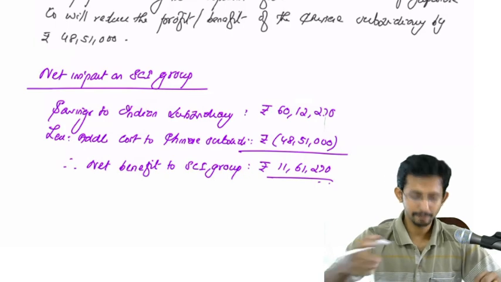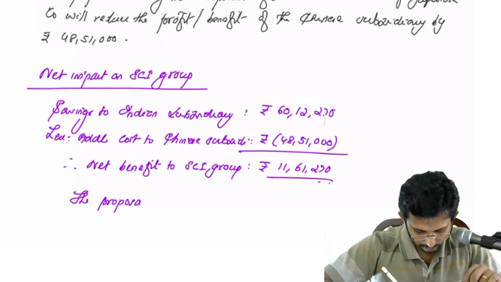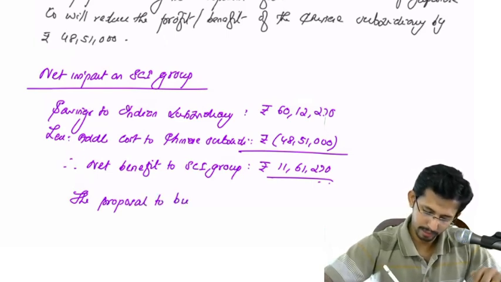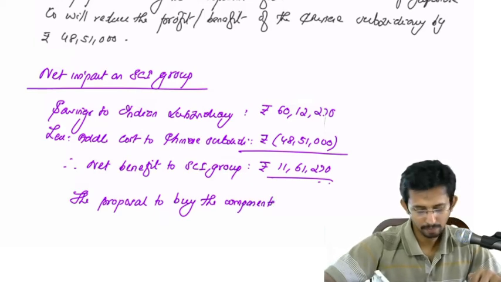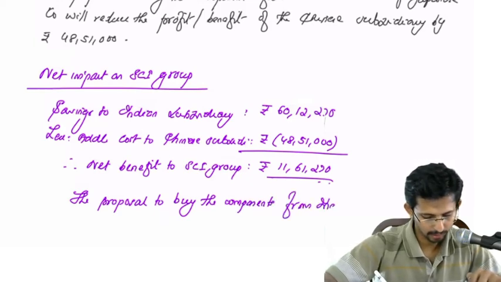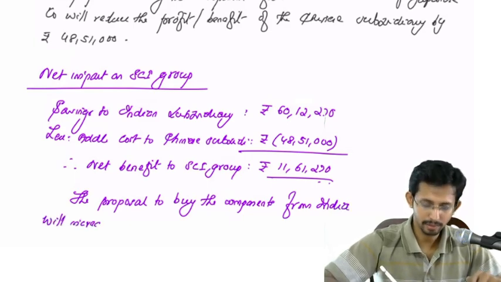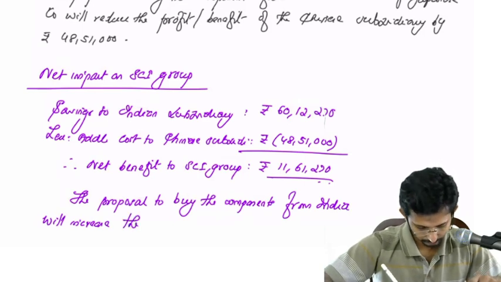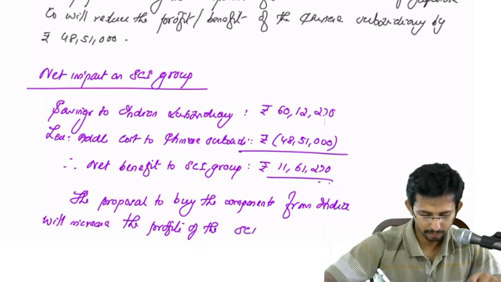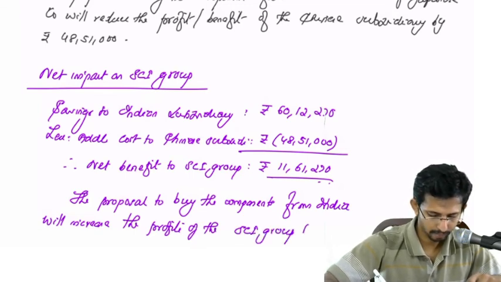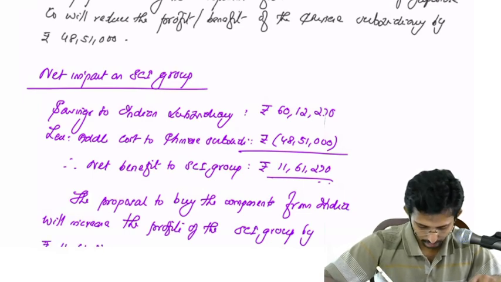Your conclusion could be the proposal to buy the components from India will increase the profits of the SCI group by rupees 11 lakh 61,270.